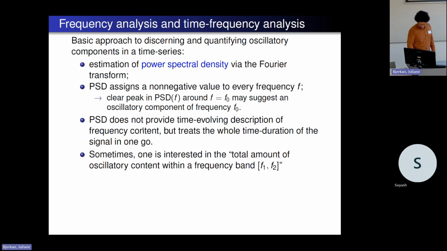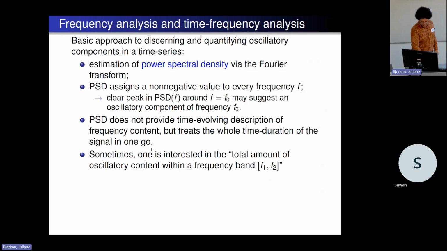Now, this is going to be the key point. Sometimes one is interested in the total amount of oscillatory content within some frequency range, some frequency band. For example, I think in neuroscience, some of the different types of neural wave are defined in terms of different frequency bands.